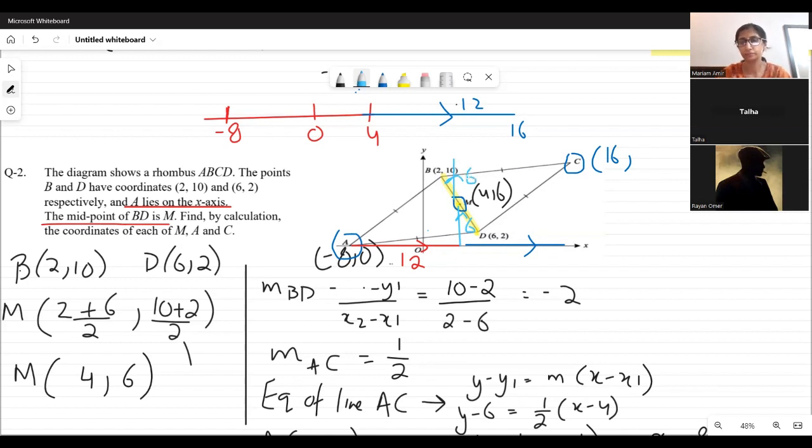What's your answer? 12. Yes, 6 plus 6 is 12. So the answer for C should be 16 comma 12. Correct. 16 comma 12. So use vectors to solve this, or like you guys put it, movement.